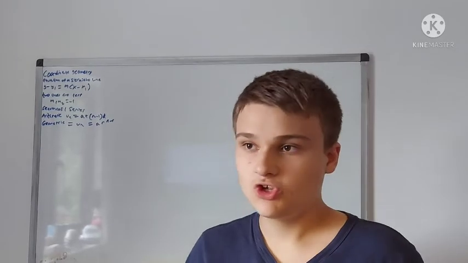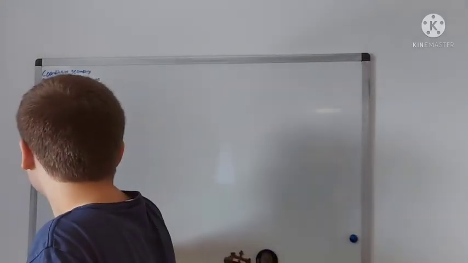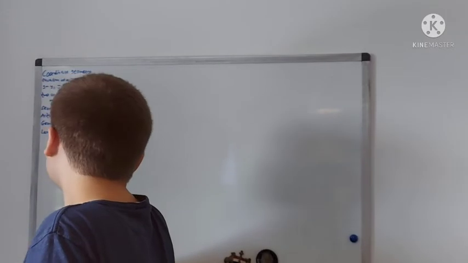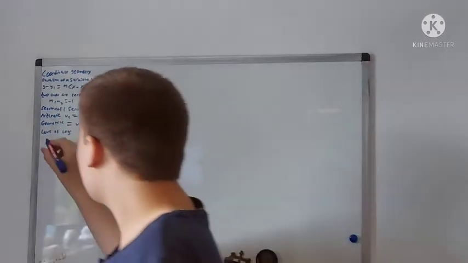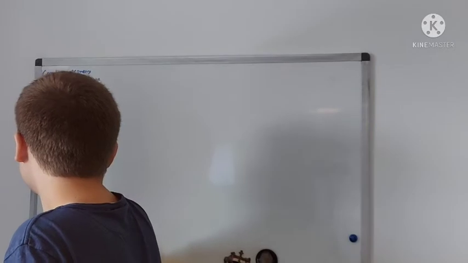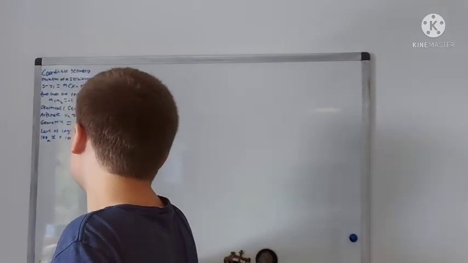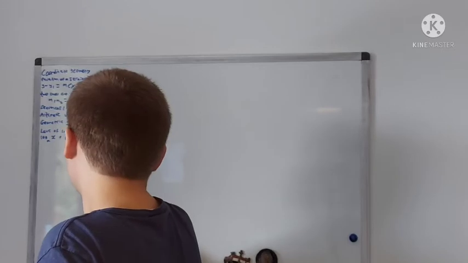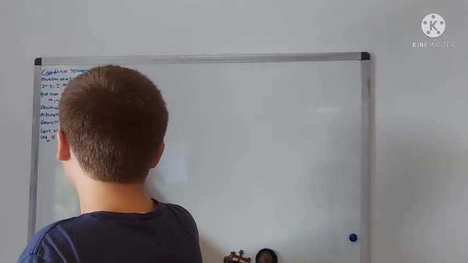Okay? So it seems obvious that you should know the laws of logarithms, but here we go. The laws of logs. Bog standard logarithm law is we've got log base a of x plus log base a of y is equal to log base a of xy.